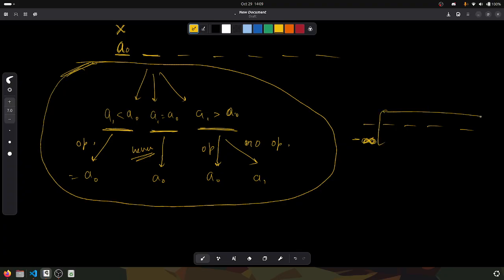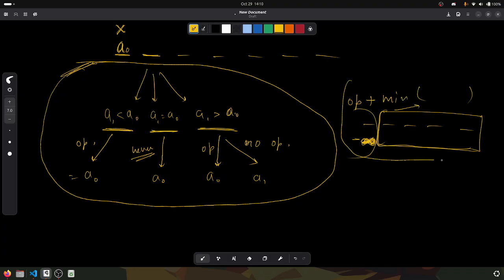Then this array would be our new problem now, because this element we don't really care about. So this array will be our new problem. We just add the operation cost of this plus whatever the minimum operation cost of this array will be. That will be the optimal value for when we change the 0th element.